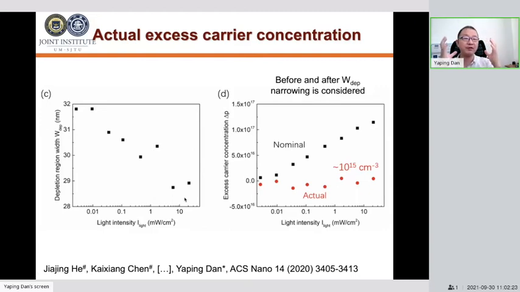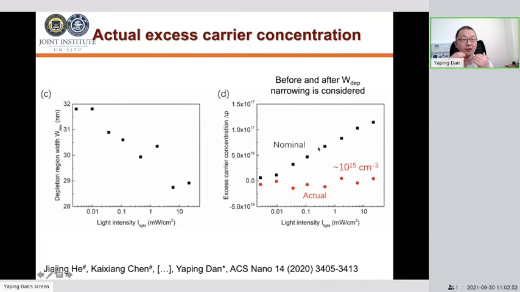From the photoconductance, we can calculate the number of excess carriers, dominated by the majority excess carriers. Before we consider the depletion region change, if we just ignore it, we find the excess carrier concentration increases by around 10 to the 17, a relatively high number.